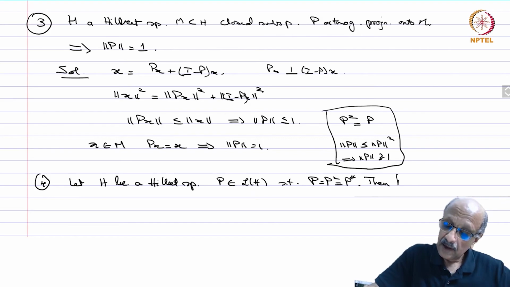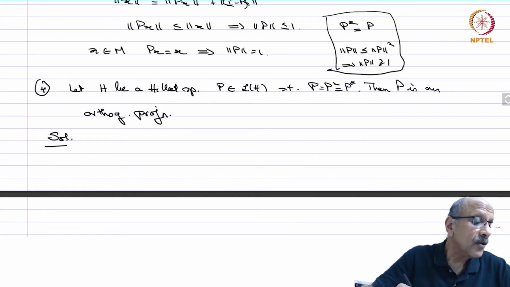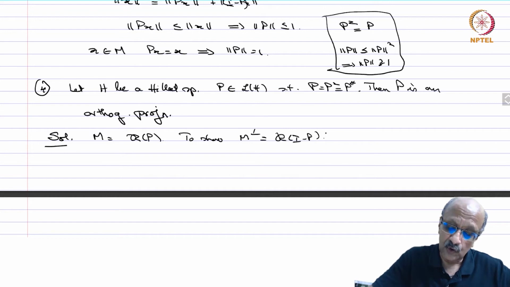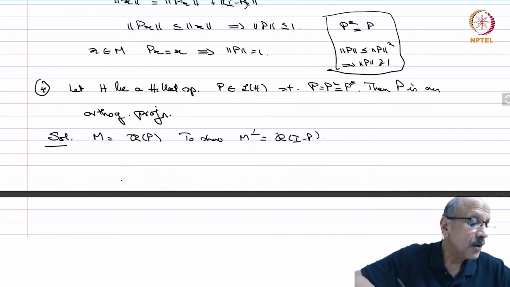Then P is an orthogonal projection. So we have to show that M equals range of P, and M perp is the range of I minus P. Okay, so that will show that it is an orthogonal projection.